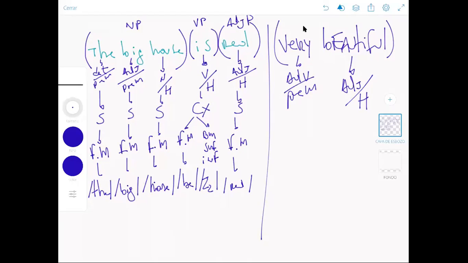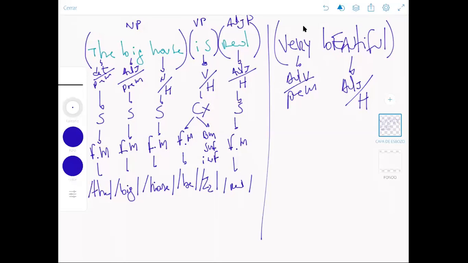Lo que ocurre es lo siguiente. En la definición de frase, y también lo vimos antes cuando hablábamos de lexical words, cada una de las lexical words va a crear una frase. Las lexical words son nouns, verbs, adjectives y adverbs. Por lo tanto, vamos a tener noun phrases, verb phrases, adjective phrases y adverb phrases. Eso es primera parte.